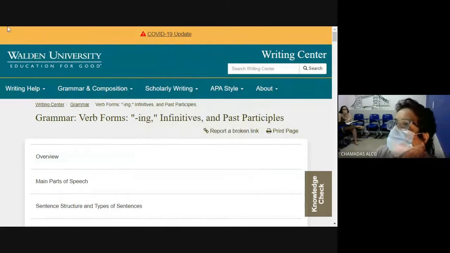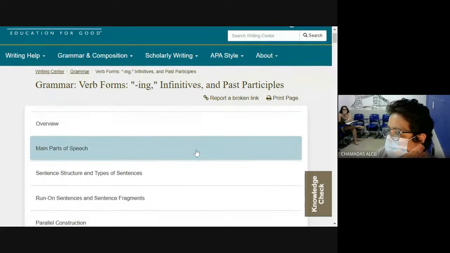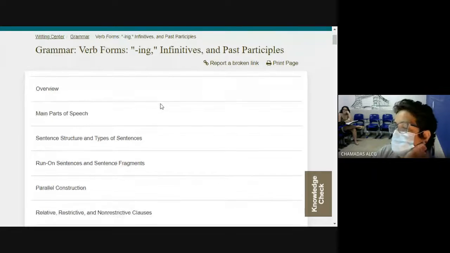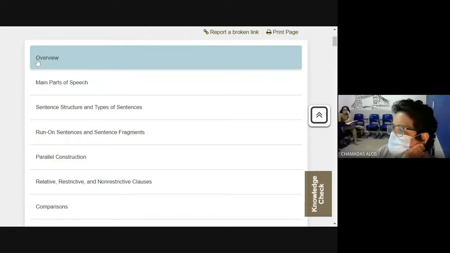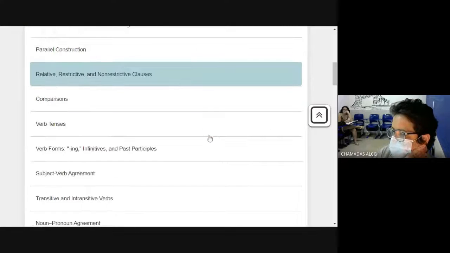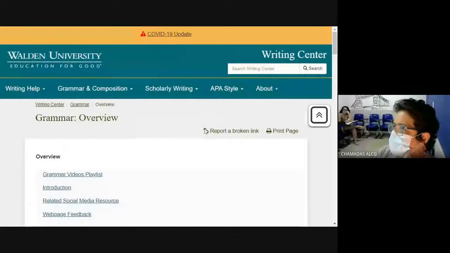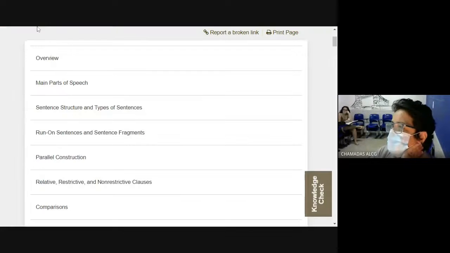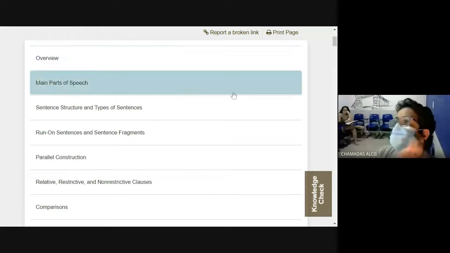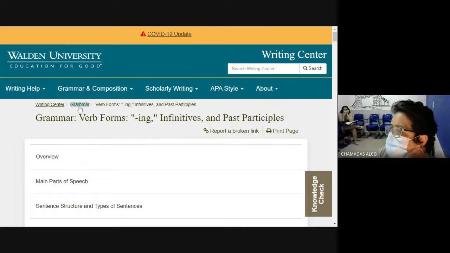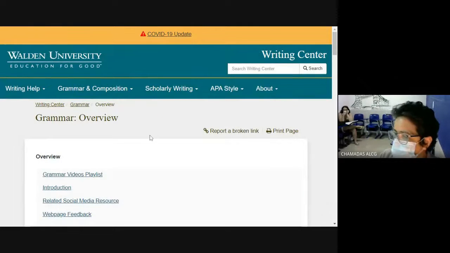So let me just go back here because I think I accidentally, when I was trying to zoom in, yeah. So let's take a look here. No, not this one here. Where is the page? Sorry, guys. I was there, but then suddenly it changed. I don't get it. I'm sorry.